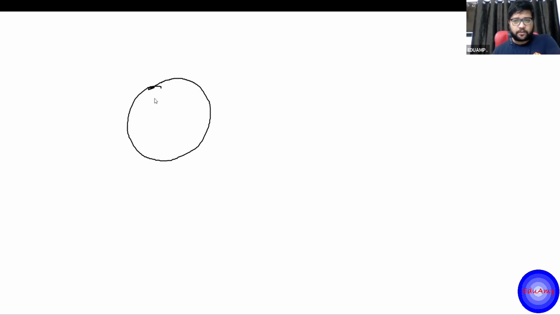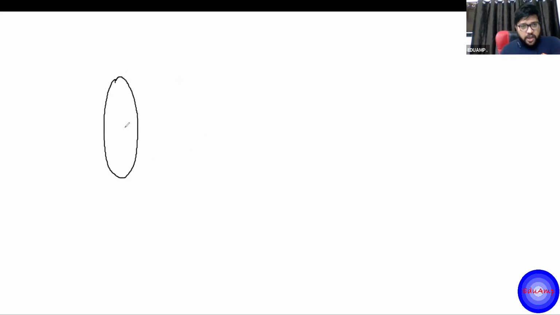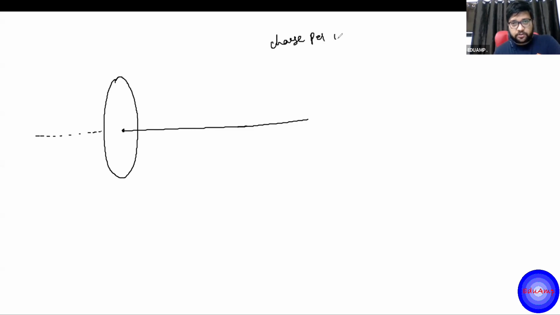Suppose this is the ring and this is the center of the ring, and this is the axis of the ring. The ring is uniformly charged with charge per unit length equal to lambda, let's say.